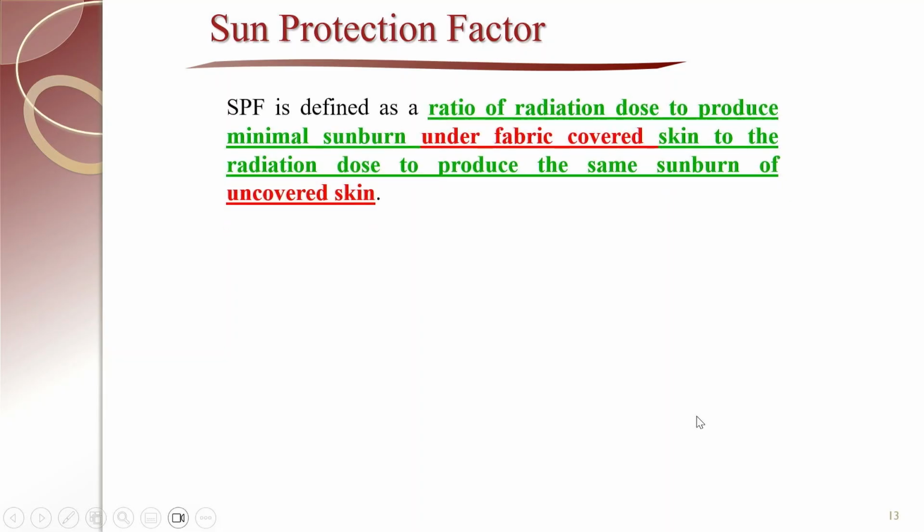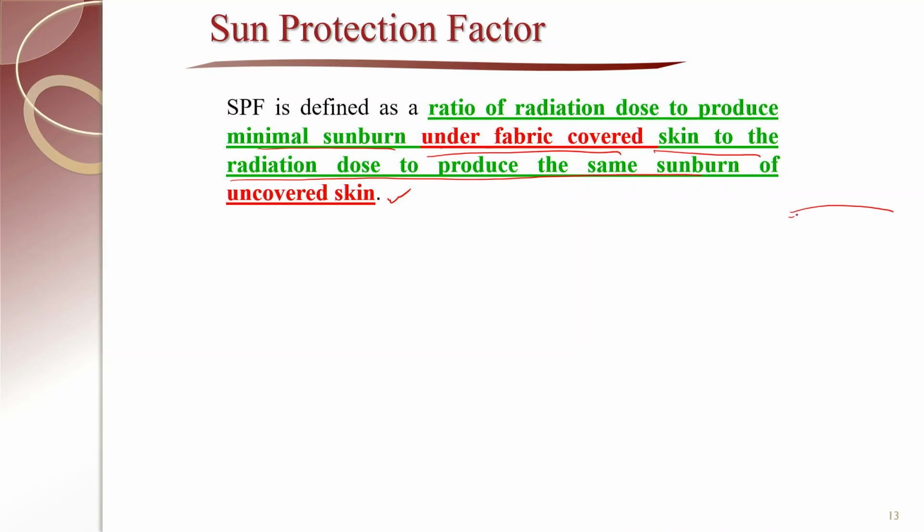Now, coming to the sun protection factor, SPF is defined as the ratio of the radiation dose to produce minimal sunburn under fabric cover to the radiation dose to produce the same sunburn with uncovered skin.